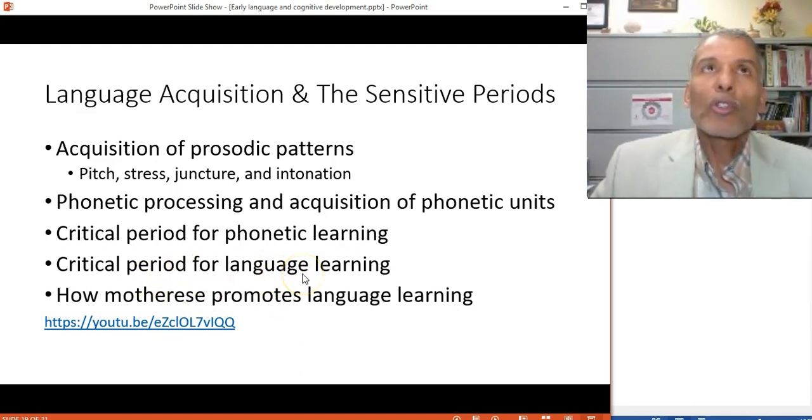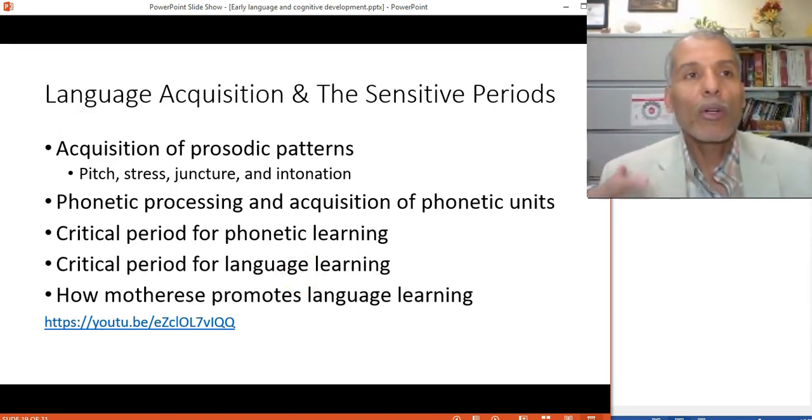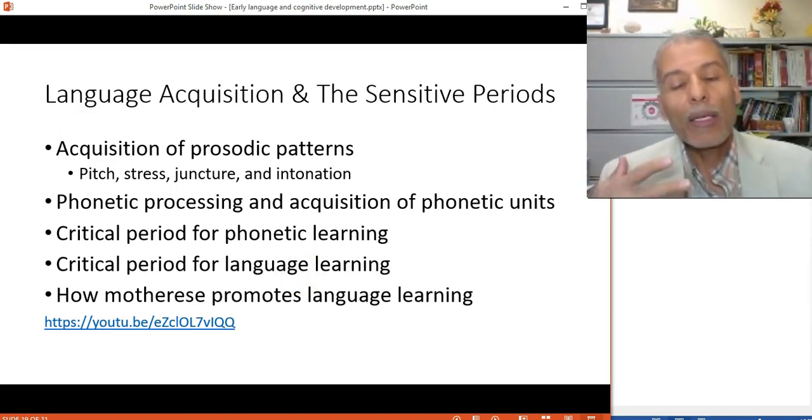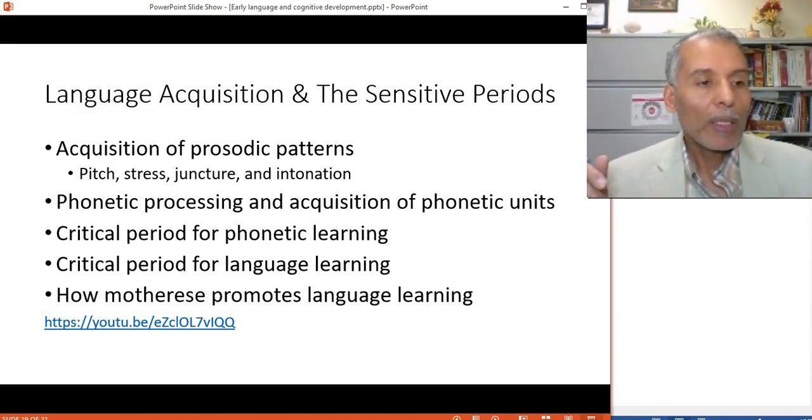Language itself, in terms of content, in terms of grammar, in terms of mastering the rules and writing it, an adult can do that. There's basically no limit. However, learning how to speak a language without an accent, there is a critical period for it.